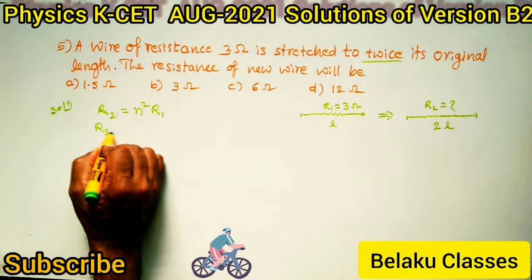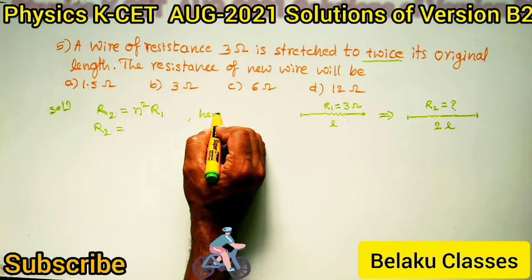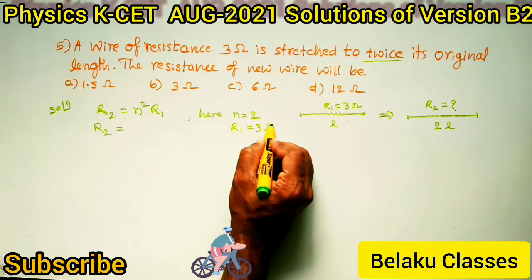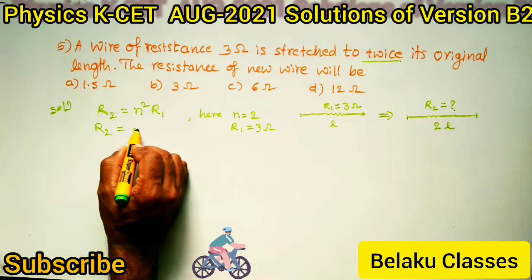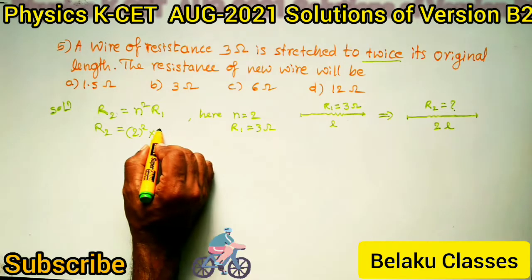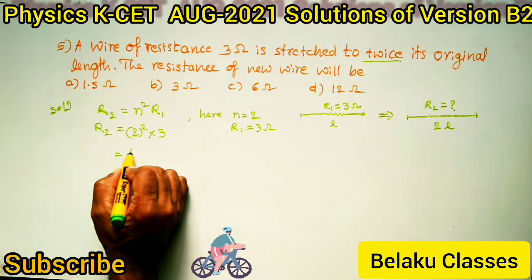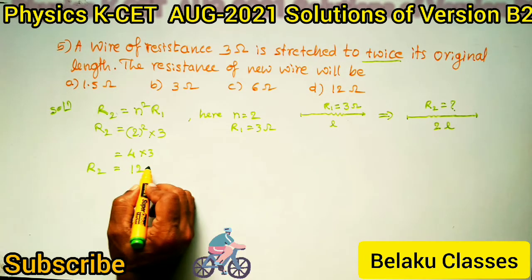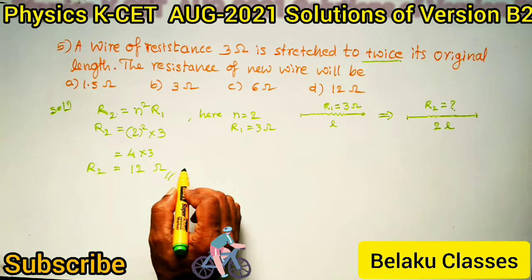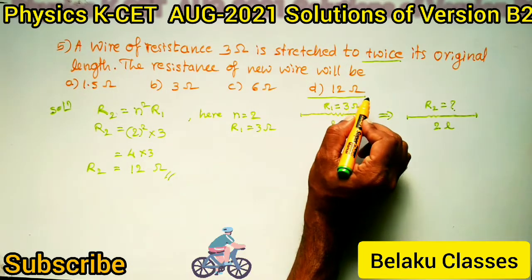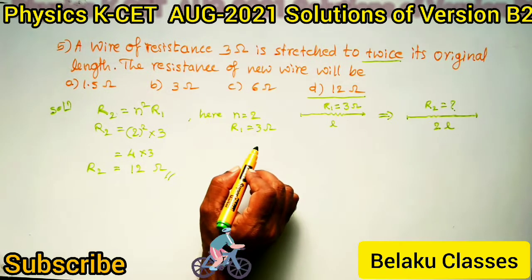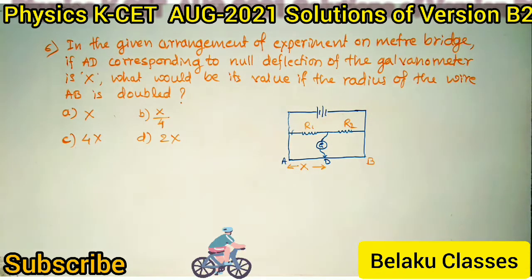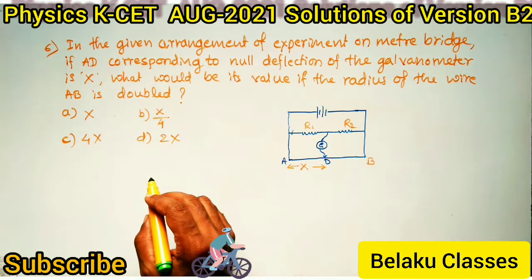Therefore, R2 is equal to, so here we take N as 2 and R1 as 3 ohm. Therefore, N is 2 square into R1 is 3. This is equal to 4 into 3, that is equal to 12 ohm. So therefore, the option is D, 12 ohm is the answer. I hope you have understood this solution. Now shall move on to the question number 6.